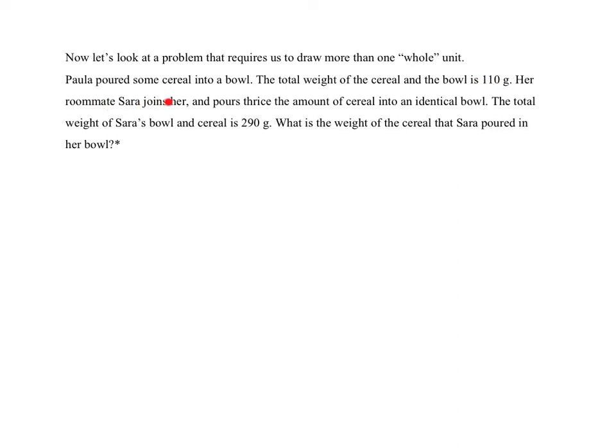Then her roommate Sarah joins her and pours thrice the amount of cereal into an identical bowl. So the two bowls are exactly identical in weight. The total weight of roommate Sarah's bowl and cereal is 290 grams. And our question is, what is the weight of the cereal that Sarah poured into her bowl?